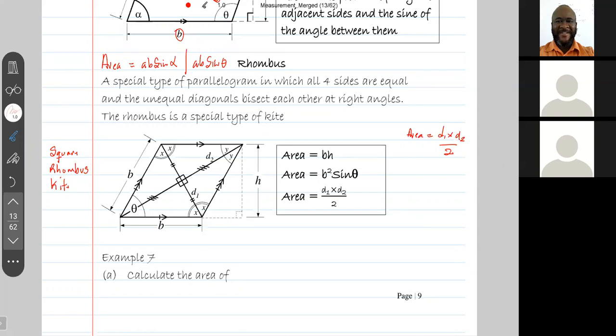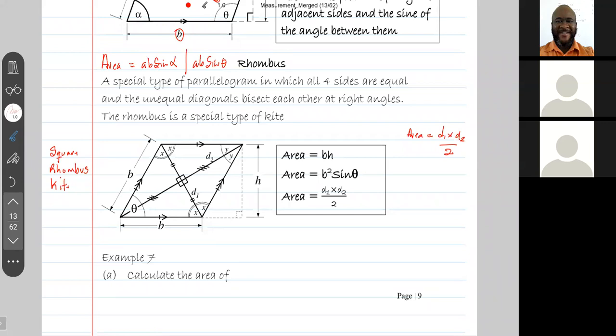Here's what is the same about them. Both the rhombus and the square have all four sides equal in length. Now, the thing about the square is that all four interior angles measure 90 degrees. That is not the case with the rhombus. Another difference is that in the square, the two diagonals are equal in length.